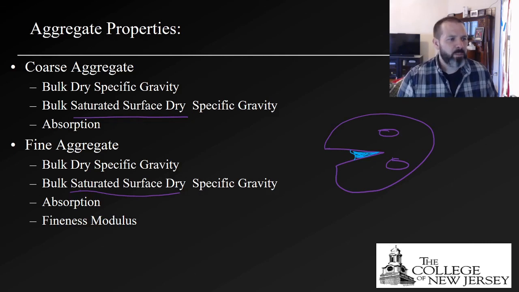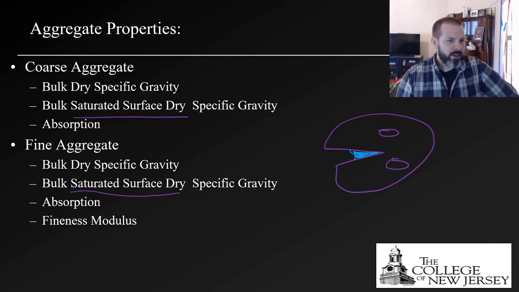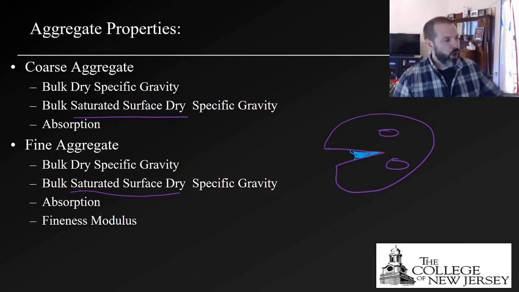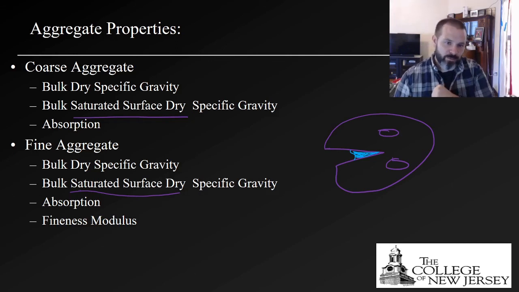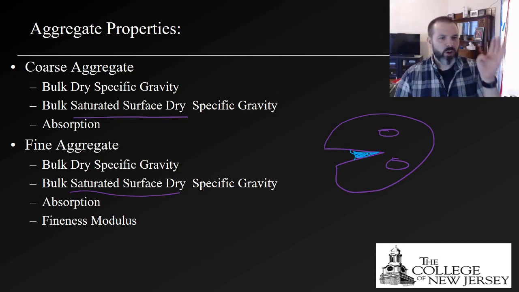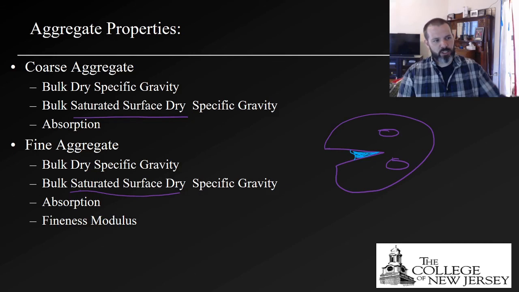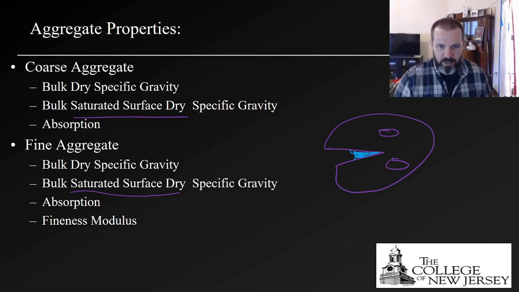If we add a partially saturated aggregate to a concrete mix, it will draw mixed water out of the mix and hold it in itself, so that it will take water away from our hydration reaction. So if we add dry aggregate or partially saturated aggregate to a mix, it sucks water out of the mix.